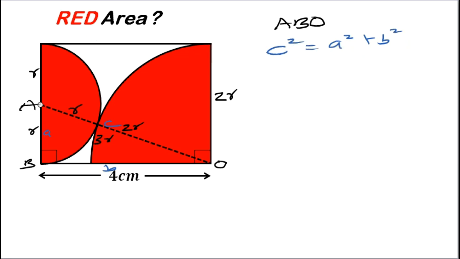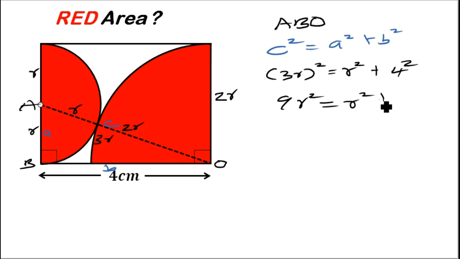So when we do the substitution, your C is 3r. So we are going to have (3r) squared is equal to your A, which is r, so r squared, plus your B, which is 4, so that is going to be 4 squared. 3 squared is 9, so 9r squared is equal to r squared plus 4 squared, which is 16.